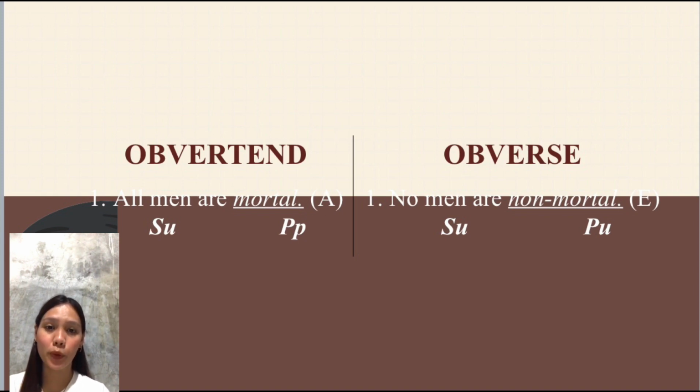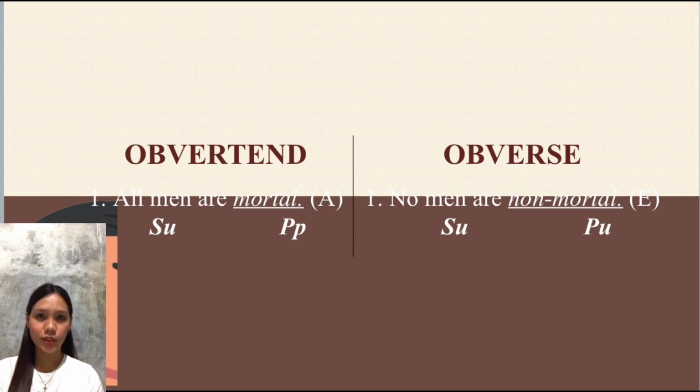So, example number 1, we have the obvertend, all men are mortal, and its obverse is no men are non-mortal. Let an A proposition of the form all men are mortal be our obvertend. To obtain its obverse, let us follow the following instructions. The subject of the obverse would be men, since it is stated in the first condition that the subject of the obverse is the same as that of the obvertend.